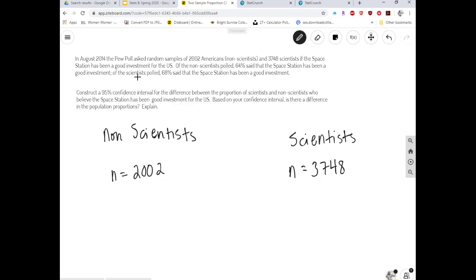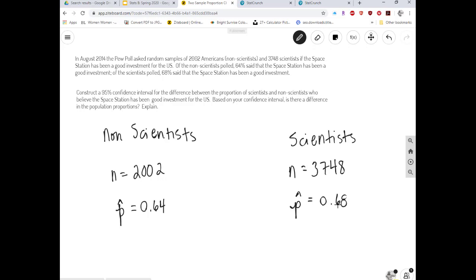For the non-scientists, 64% said that the space station had been a good investment, and of the scientists, 68% said it had been.